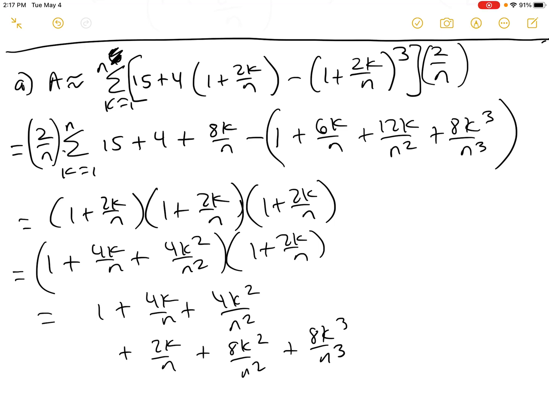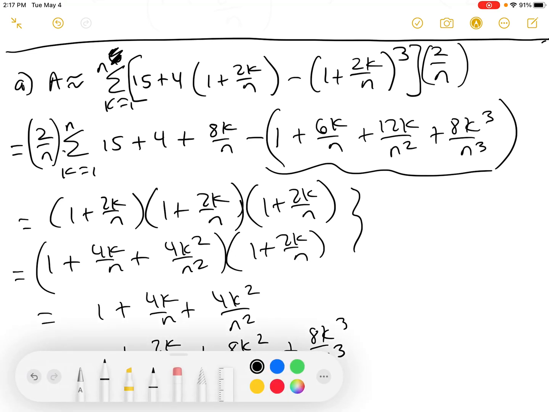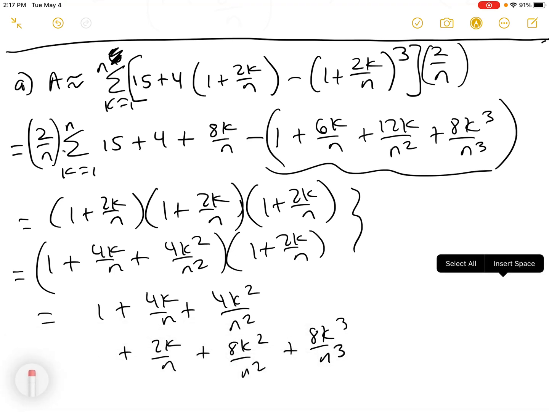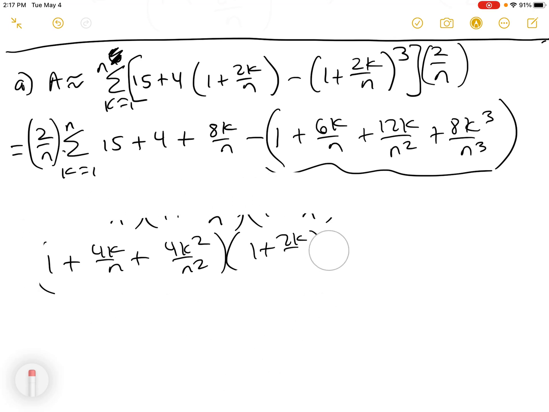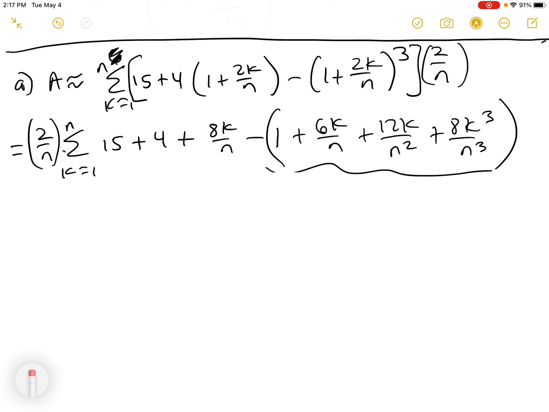And sure enough, that equals this. I used the binomial theorem because I remembered it, but this would probably be the way you did it. All right, so that's scratch work. I'm just going to erase it. We got it.